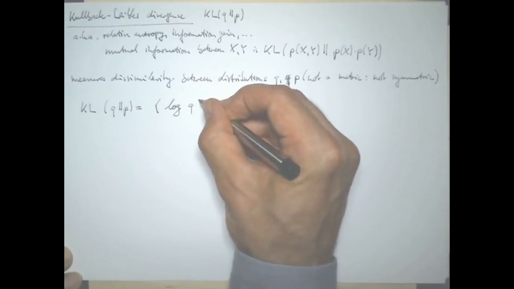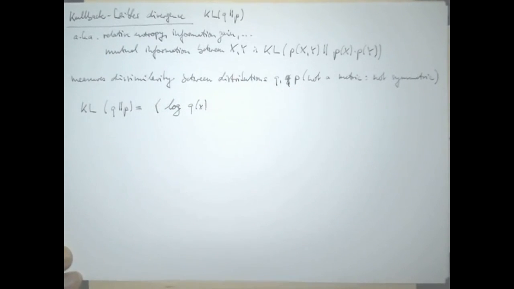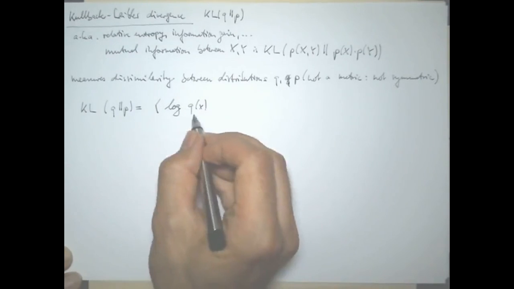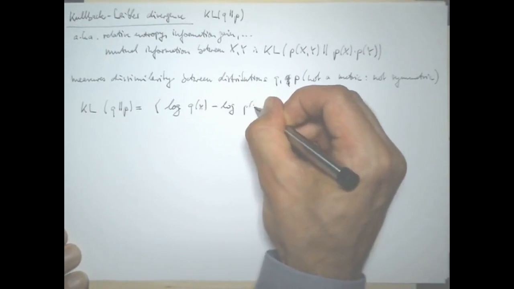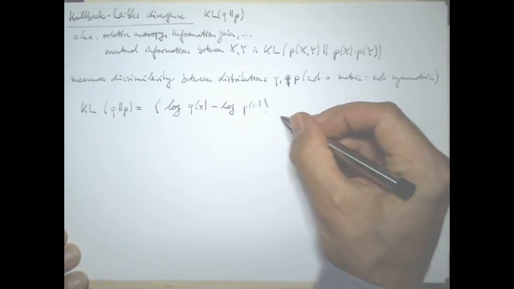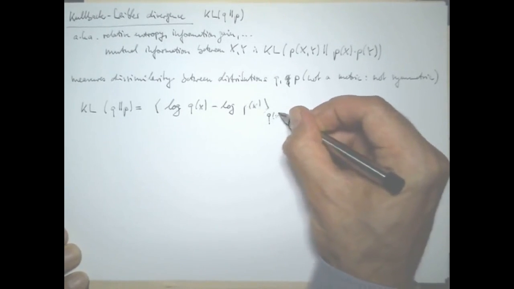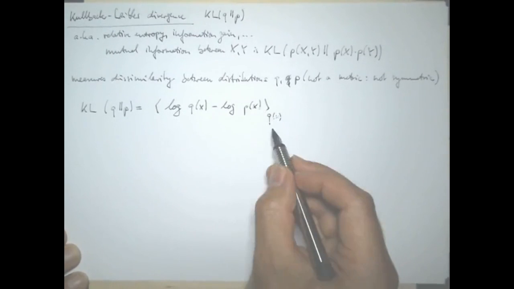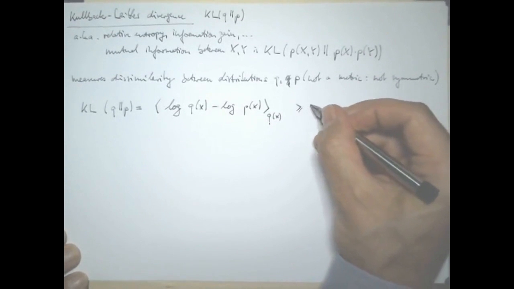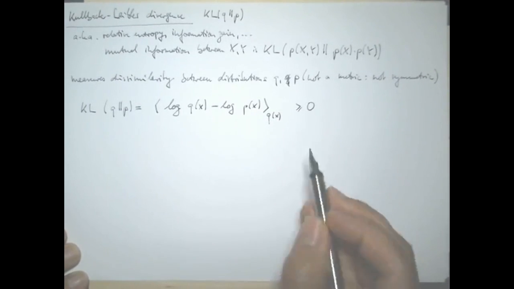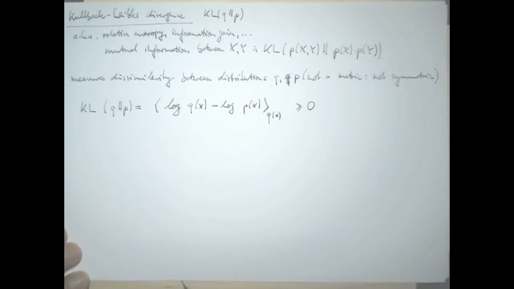It's the expected value of log Q of x minus log P of x, where the expectation is taken with respect to this distribution Q. And the Gibbs inequality will tell us that this is either 0 or more.